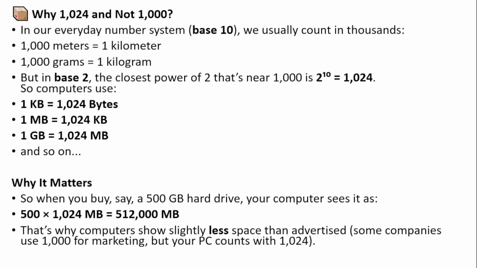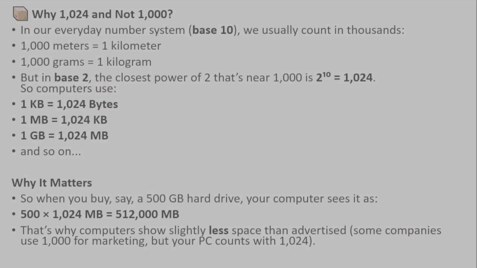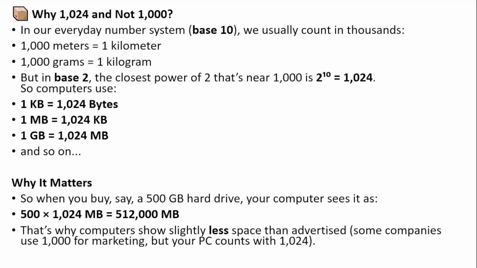We say 1 gig is equal to 1024 megabytes, so in order for us to get our 500 gig in megabytes, you have to multiply 500 times 1024 megabytes, which will give us 512,000 megabytes.